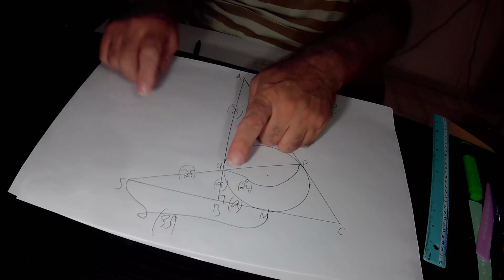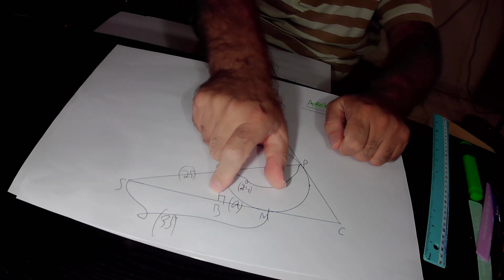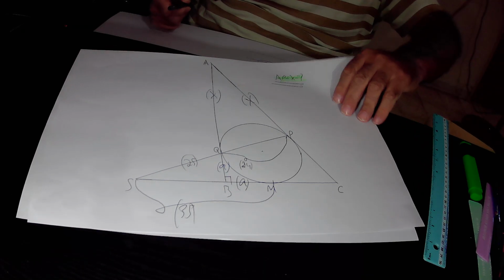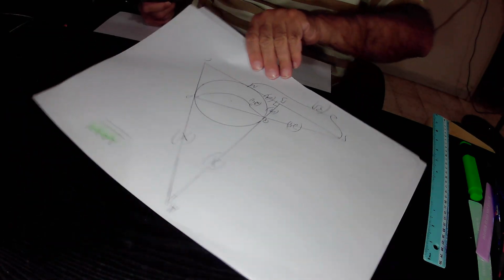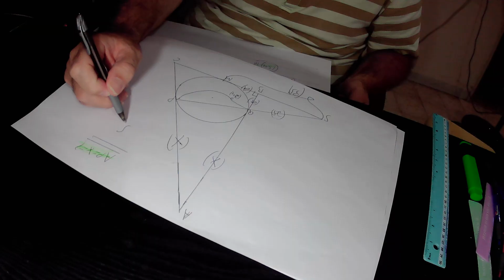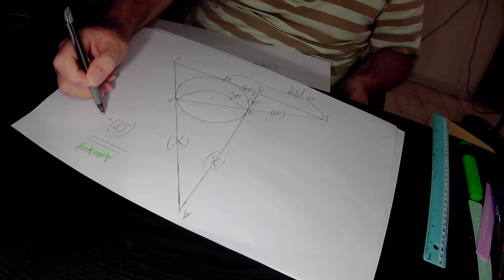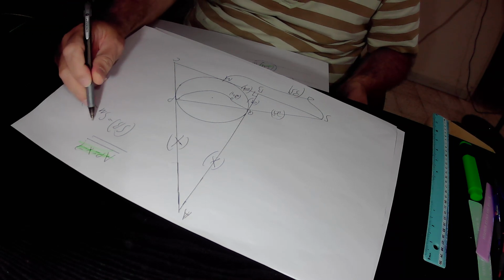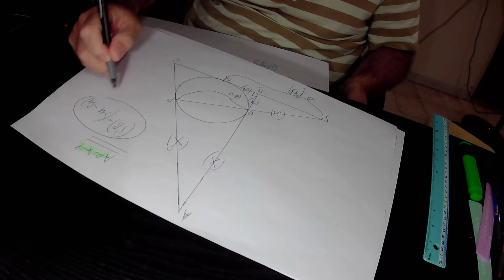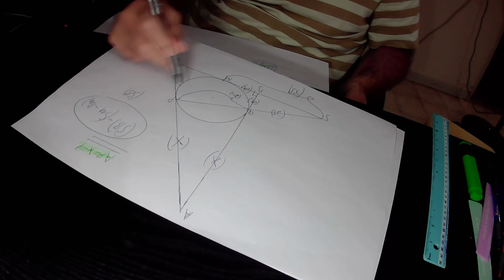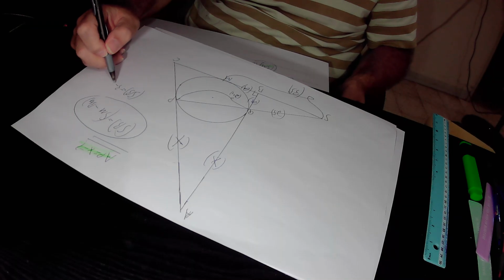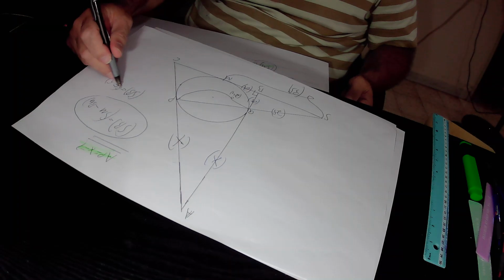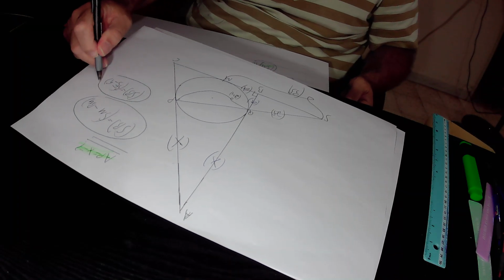It is very easy to see that SB in total equals SM minus BM. So SB equals SM, that is 35, minus BM, that is a. So in total SB equals 35 minus a units in length.